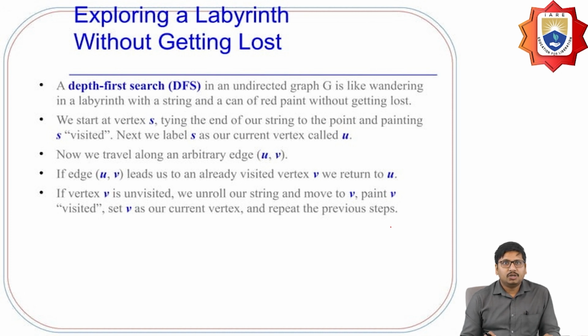When I start at vertex S, we tie the end of the string to the point and paint it as visited. We can also travel along an arbitrary edge, and if there is an edge to an already visited vertex V, then we have to return. Otherwise, if the vertex is unvisited, then we move from V, where V should be the visited one.